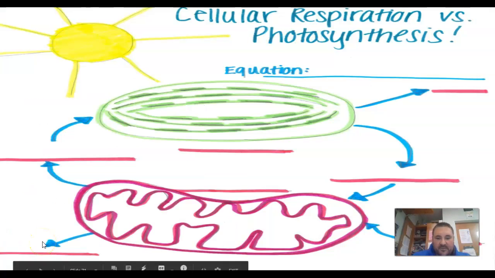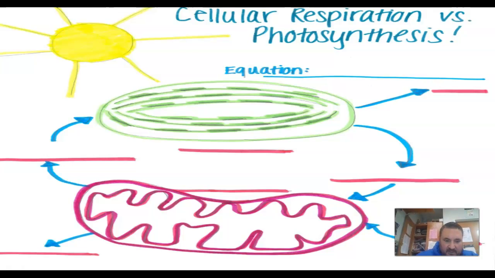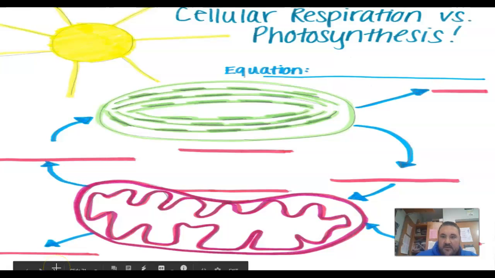This here is an example of a worksheet that a student teacher drew for me one time, and I'm going to show you the equations here. So that's a chloroplast. Notice the sun.